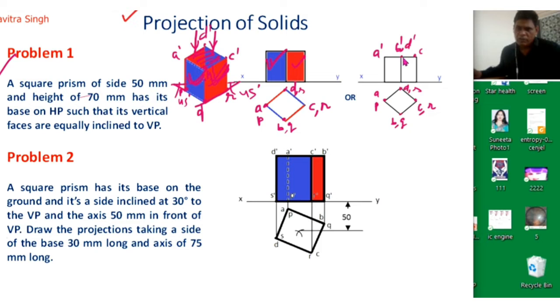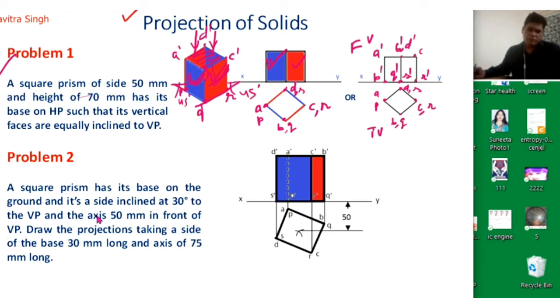So the D point will be at this location. Similarly, this will be P dash, Q dash, R dash and S dash. So this is the front view and this is the top view of this problem.